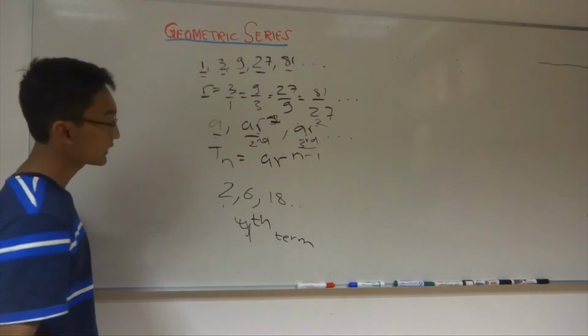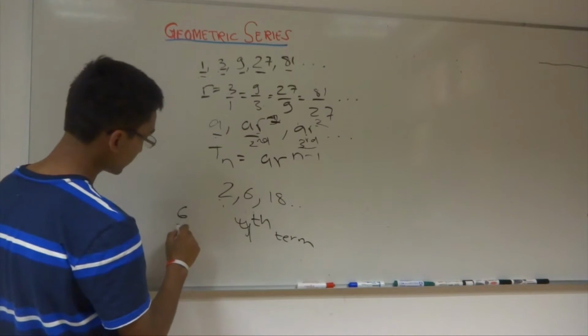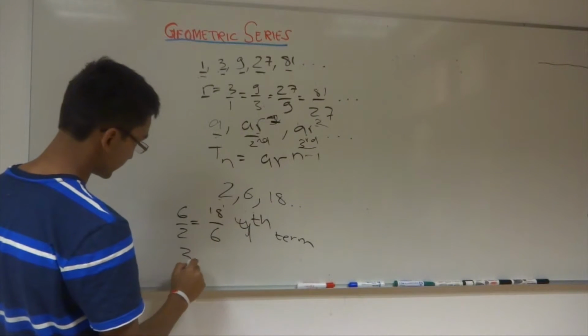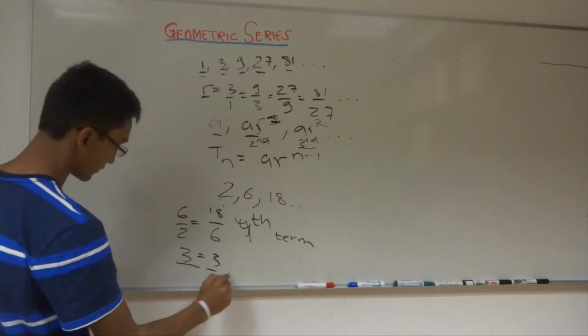Alright. We know that the common ratio would be 6 divided by 2, which is equal to 18 divided by 6, so 3 is equal to 3. This is the common ratio.